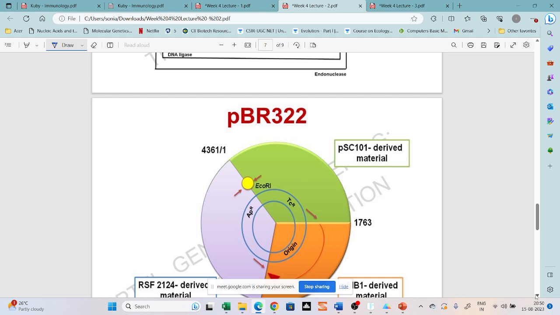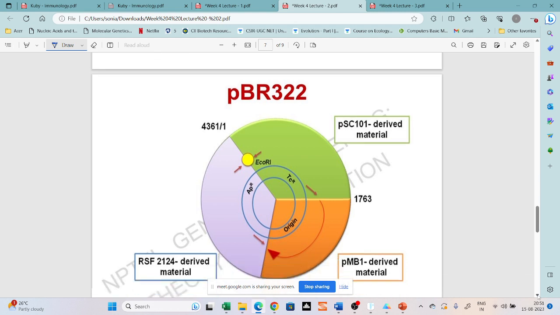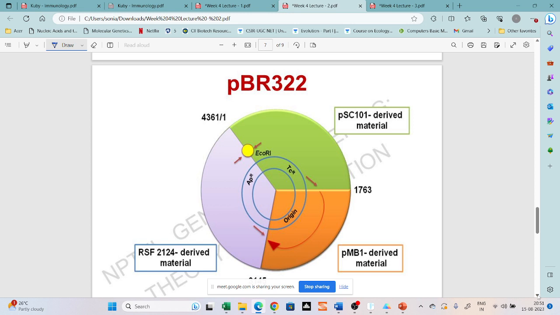Basically, this pBR322 vector is made from three different vectors. You can see that the origin of replication is taken from the pMB plasmid. The ampicillin resistant gene is taken from the RSF plasmid, and the tetracycline resistant gene is taken from the pSC101 plasmid.